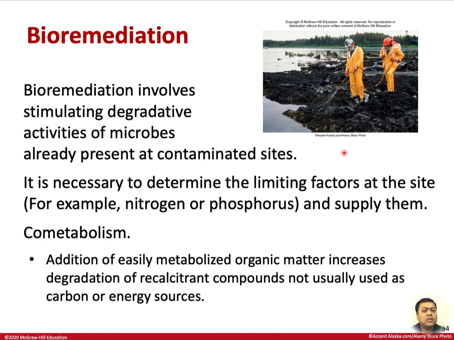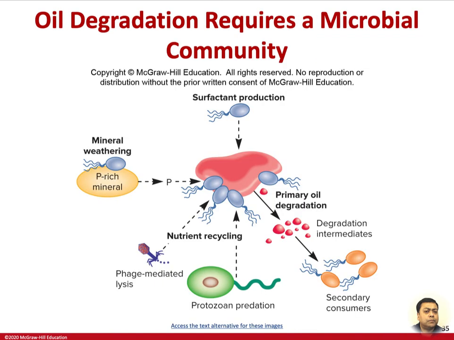In Alaska, it caused a huge amount of environmental damage, from seals to different types of marine animals. And what you are seeing right here is that they are spraying nitrogen and phosphorus based fertilizer to speed up this biodegradation process. There are rich hydrocarbon-degrading microbes in there, and by supplying these nutrients, this bioremediation process can be sped up.